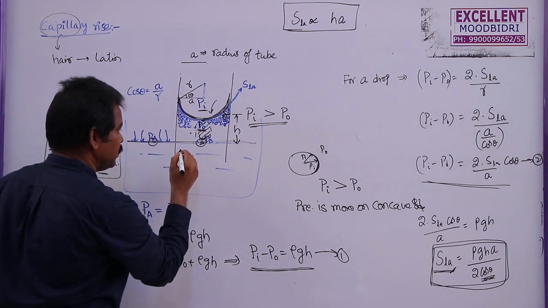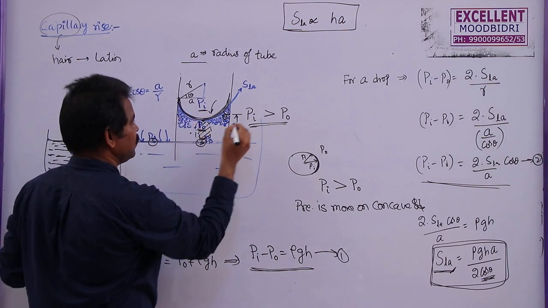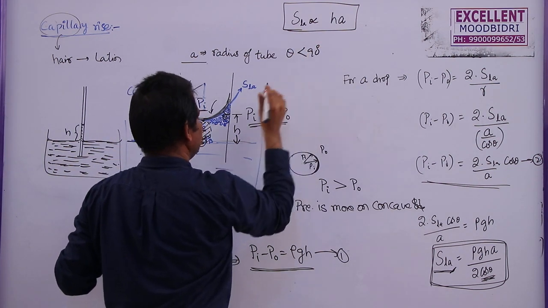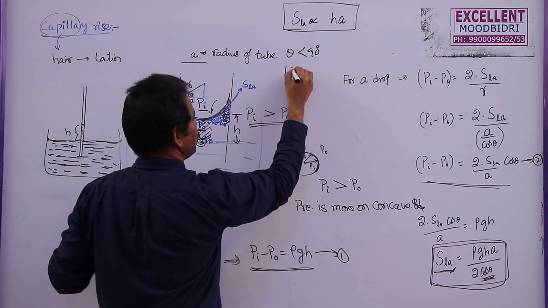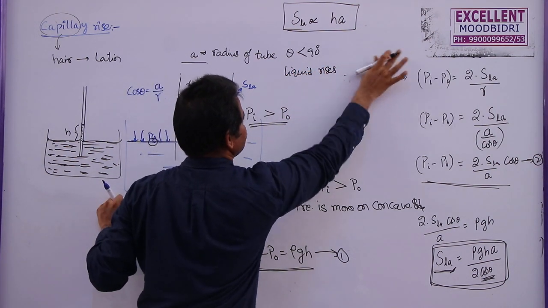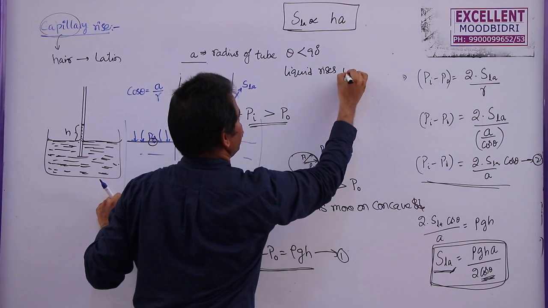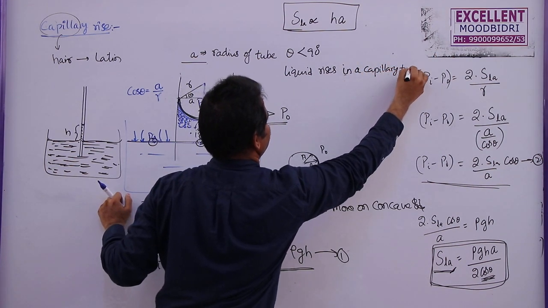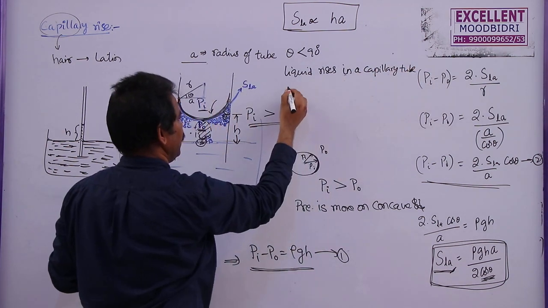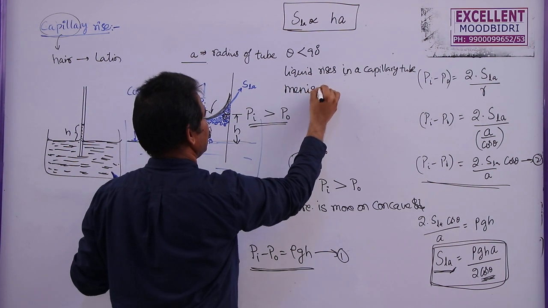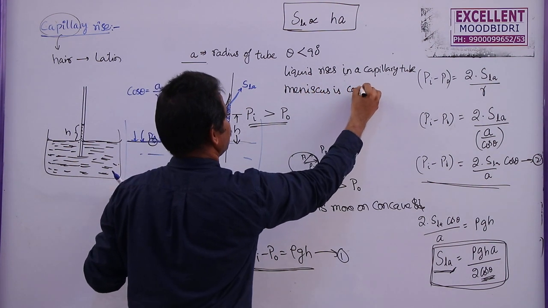It is found that for wetting liquids where theta is less than 90 degrees, generally the liquid rises in a capillary tube, and the meniscus is concave.